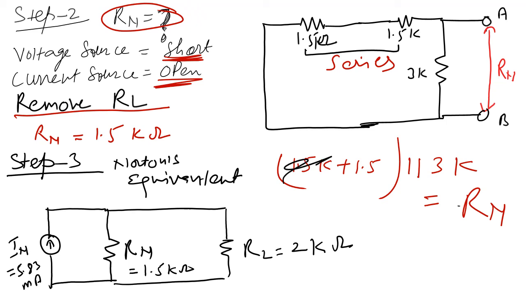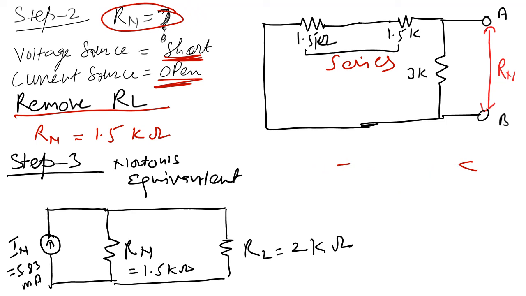Now you use the CDR rule. You cannot find the voltage directly here, so by using the CDR you find the current through RL.